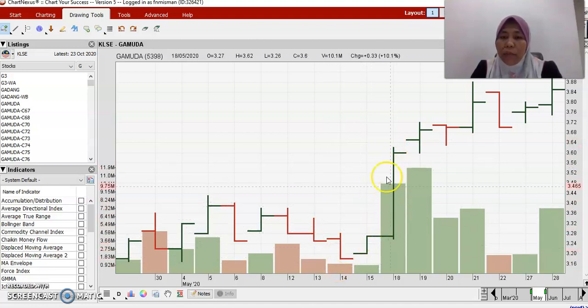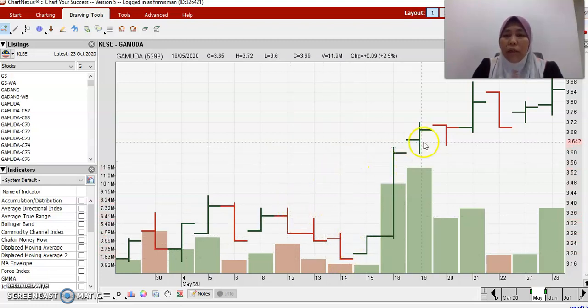The green bar tells us that during the day, the opening price is lower than the closing price, meaning the price for that day increased. It is the other way around for a red bar: the opening price is higher than the closing price, telling us that for that day the price has decreased.